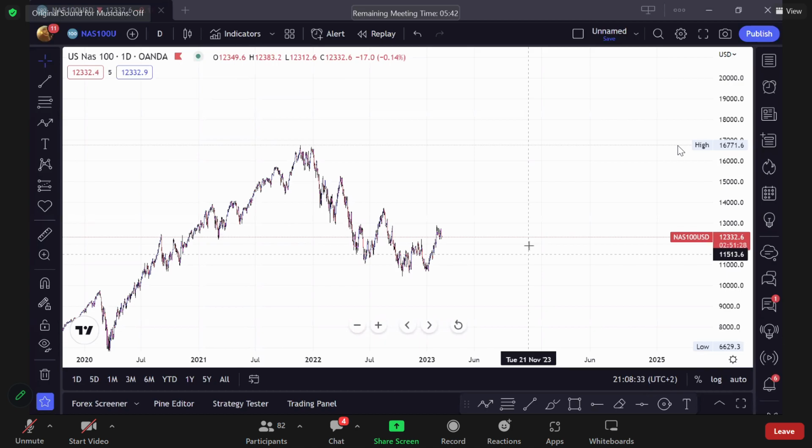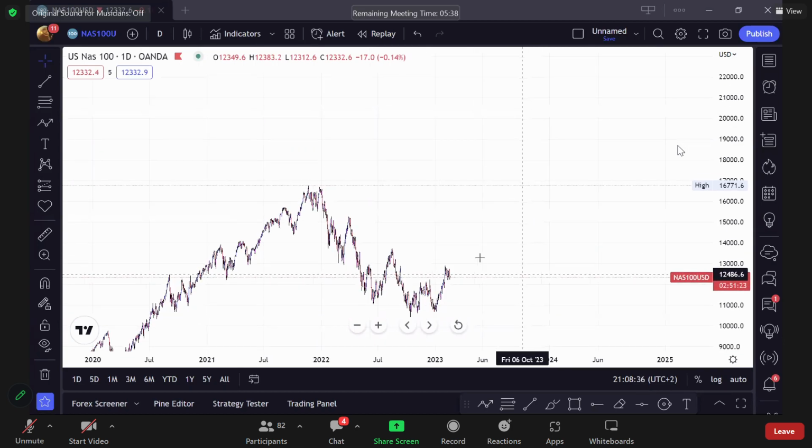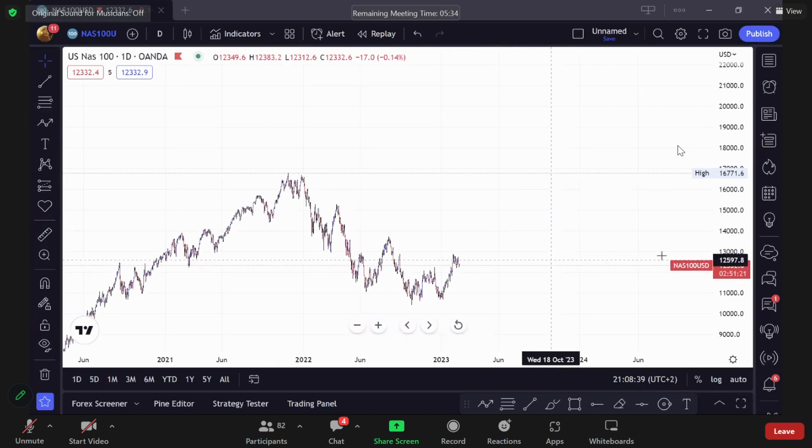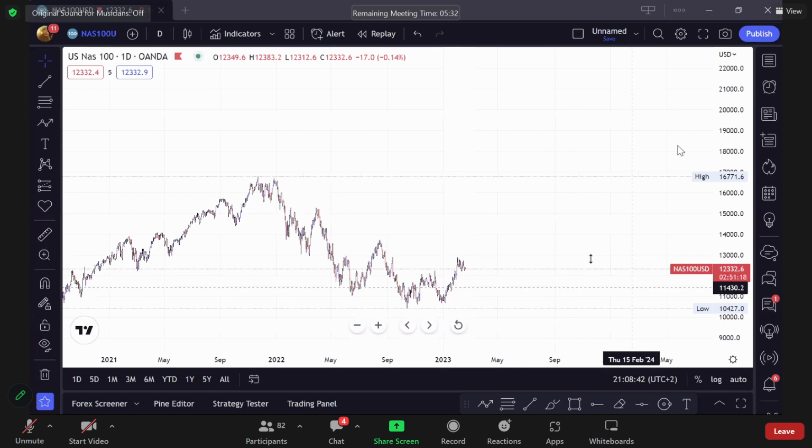I'm a bit lost now. So we didn't have a change on this swing run? Okay, look here. Over here.